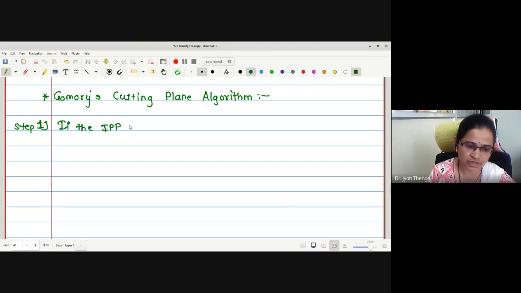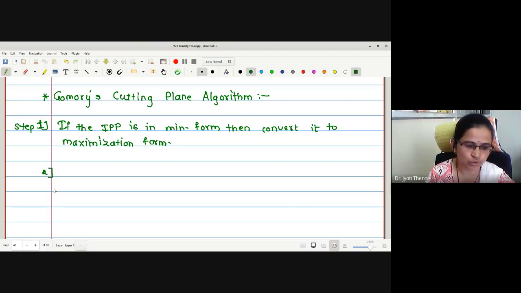If the LPP is in minimization form, then convert it to maximization form. Step number 2, convert the inequality constraints into equations.